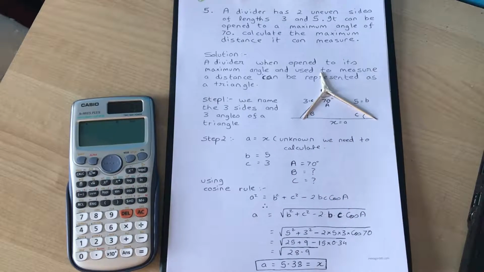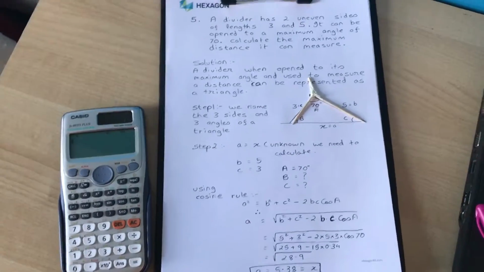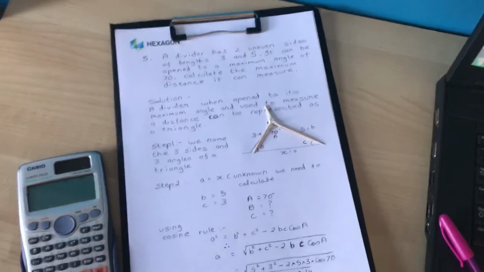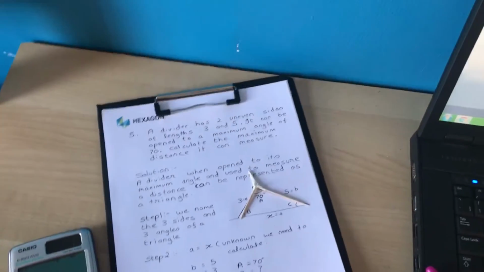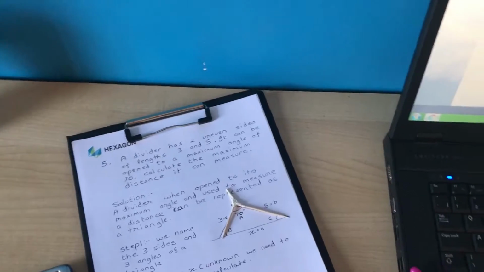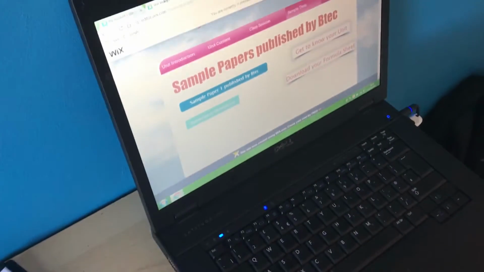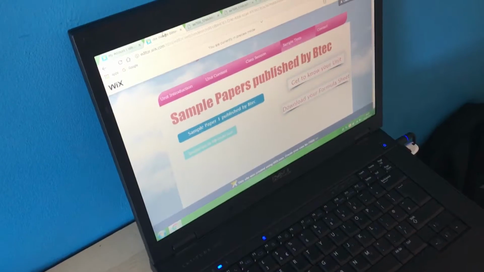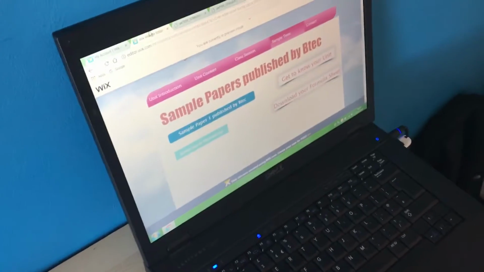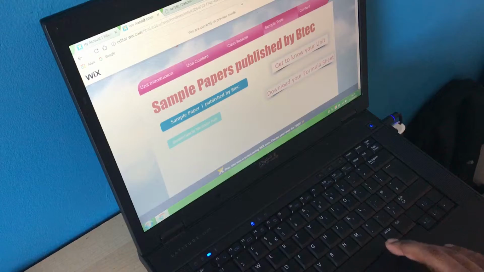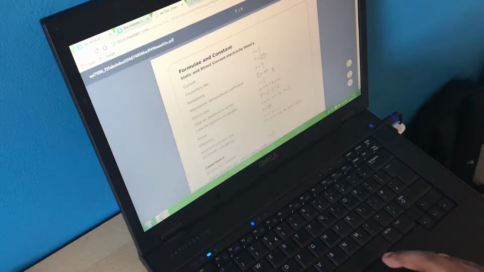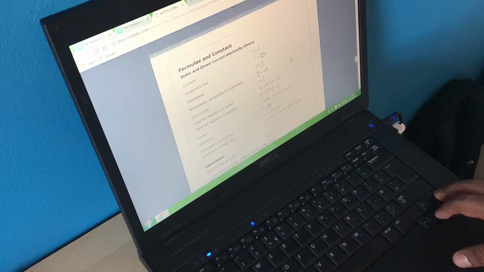Now where will we get the cosine rule? For that, you need to have your formula sheet. If you don't, you can always go to my website. Let me show you where it is located. If you go on sample papers published by BTech page, under sample tests, and click on download your formula sheet, it is going to take you to the formula page.